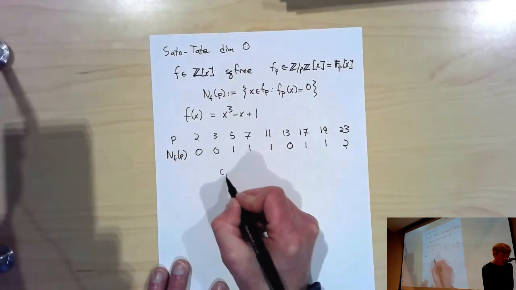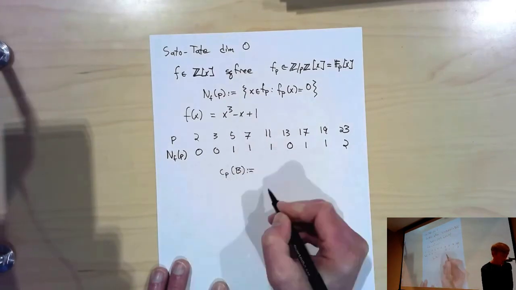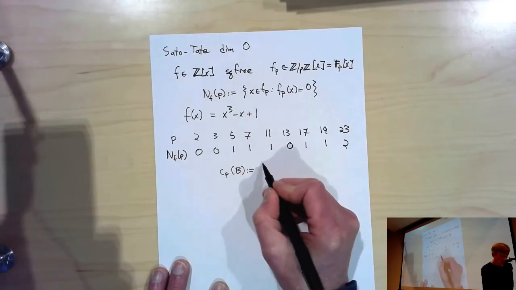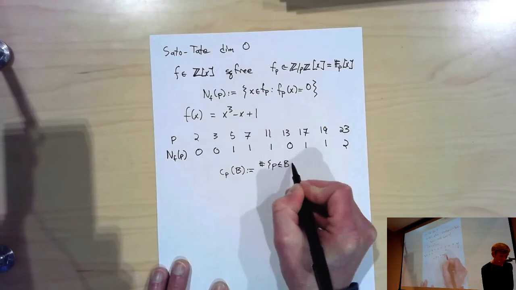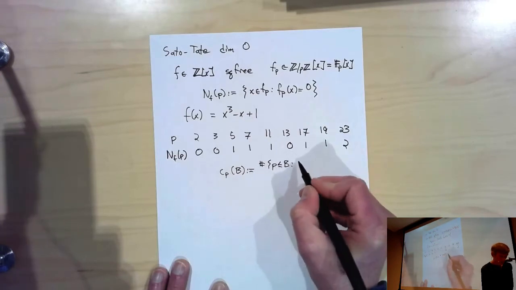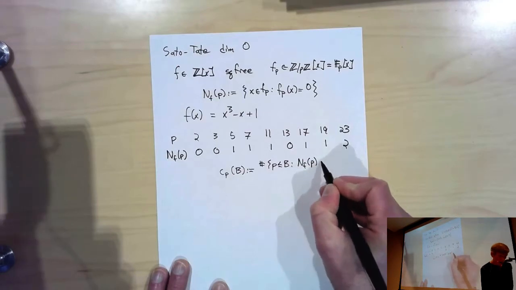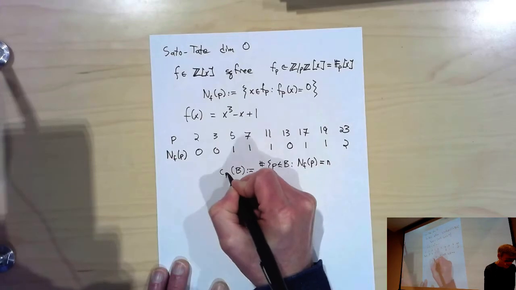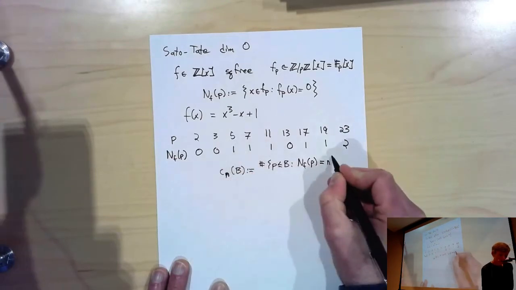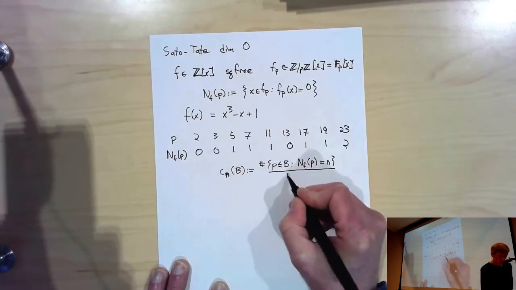So let's define a quantity c_n(b). So b here is some bound, a real number or an integer, whatever you like. And we'll define this as the ratio where we're going to count over primes up to b, our bound, how often we see exactly n roots of our polynomial mod p.